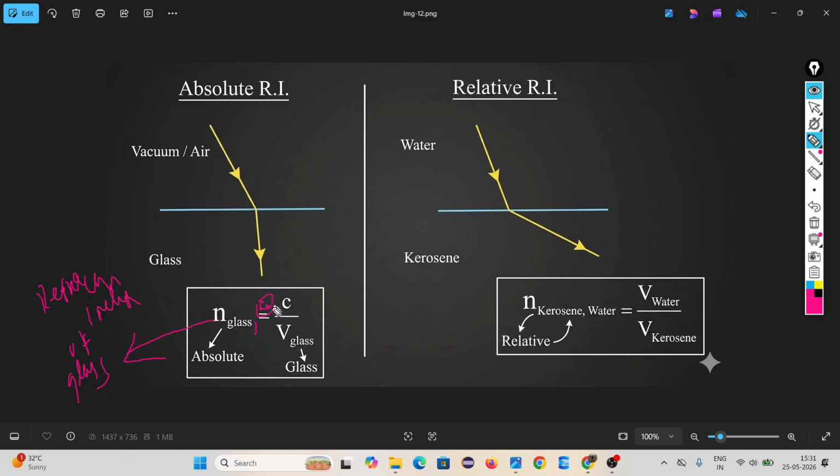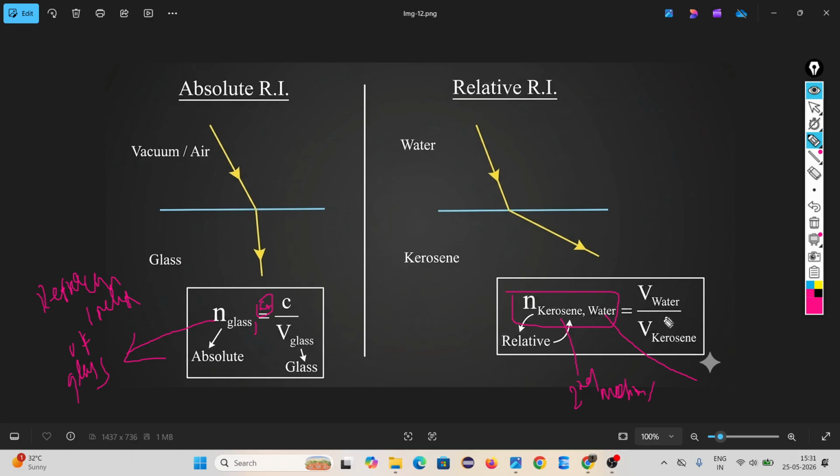Okay. If it is written like this, remember n of kerosene means the second medium, because we are finding refractive index for the second medium. Otherwise you can say the refracted ray going through the medium. This is the meaning.